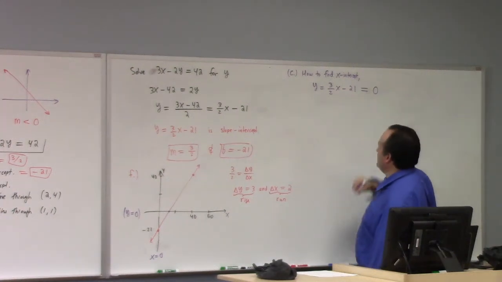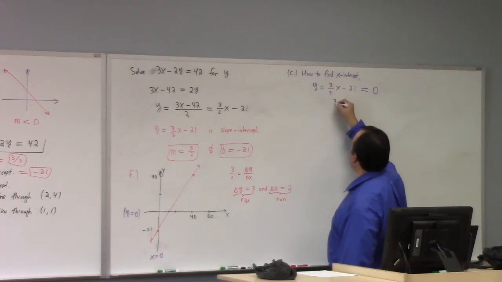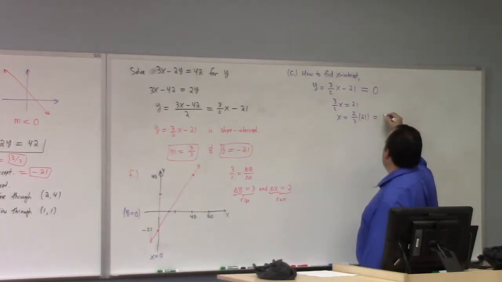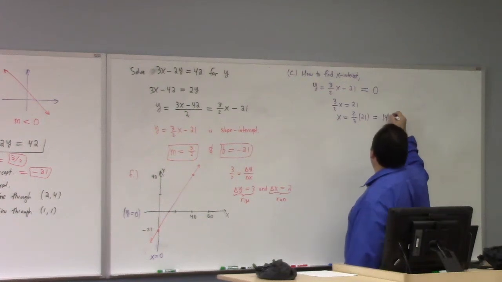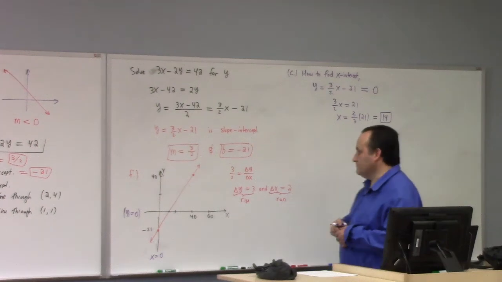So you can just solve this equation to find the x-intercept. We have 3/2 x equals 21, which says x is equal to 2/3 of 21, which is, by the way, 14. So the x-intercept is 14.